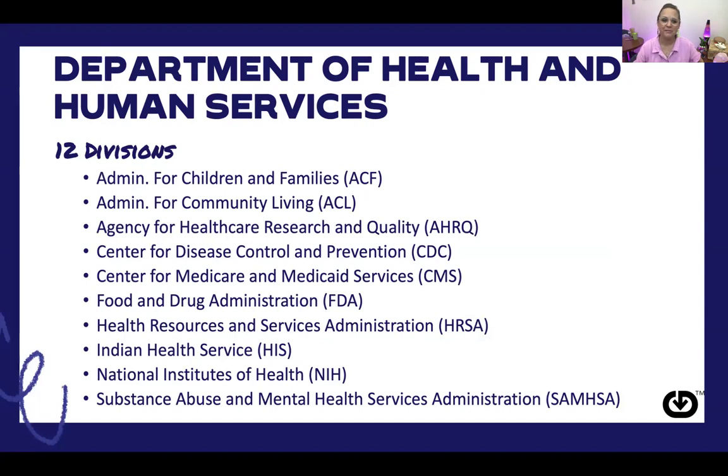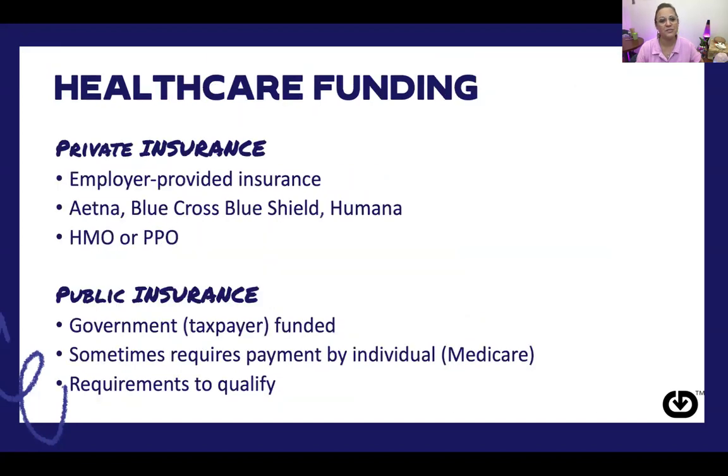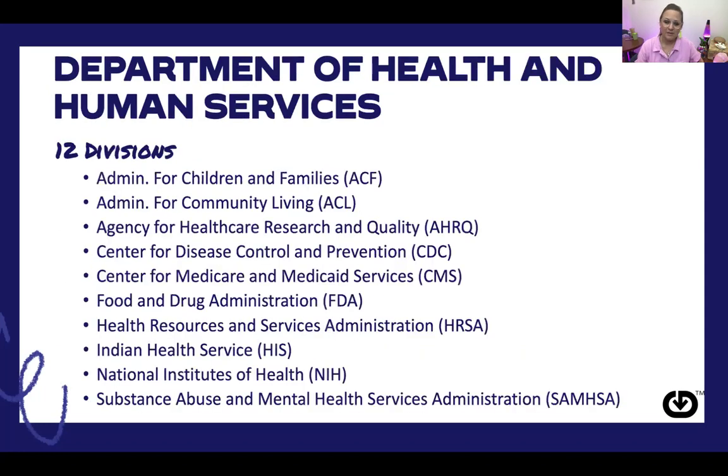Administration for Children and Families, Administration for Community Living, Healthcare Research and Quality, CDC, Center for Medicare and Medicaid, Food and Drug Administration, HRSA, Indian Health Services, National Institutes of Health, and Substance Abuse and Mental Health Services Administration. So this is just a few of the many things that are covered by the Department of Health and Human Services. Let's talk about a few of these a little bit more.